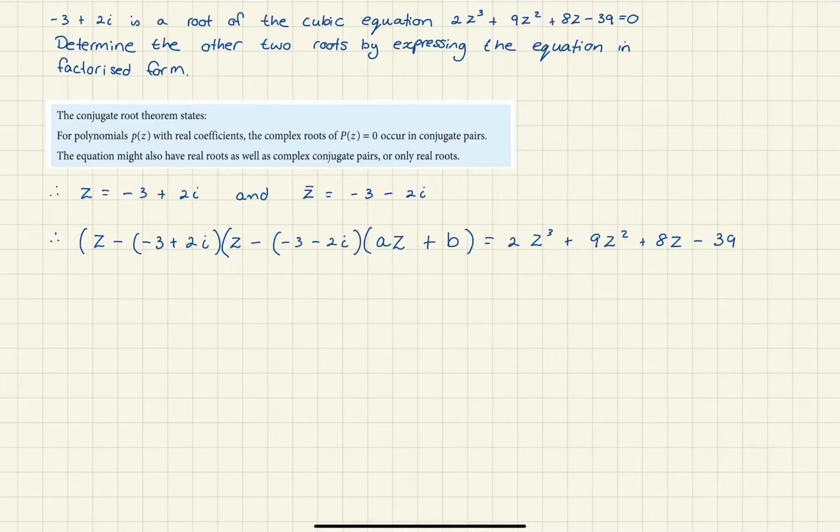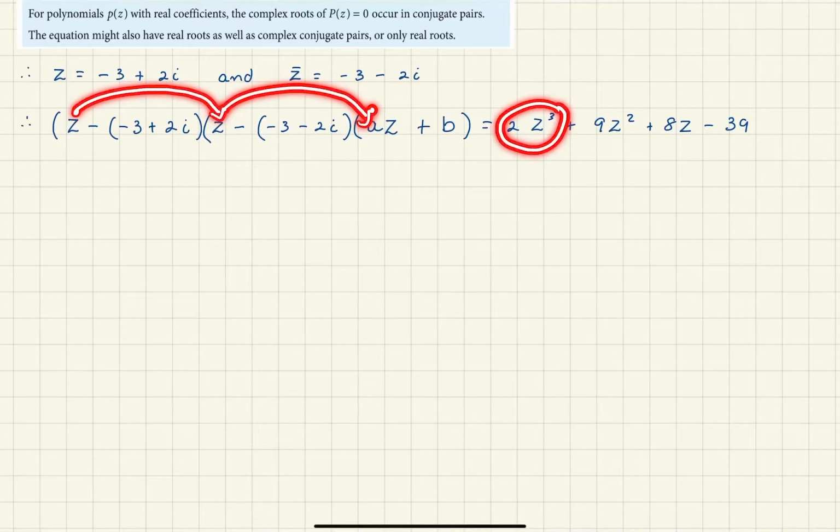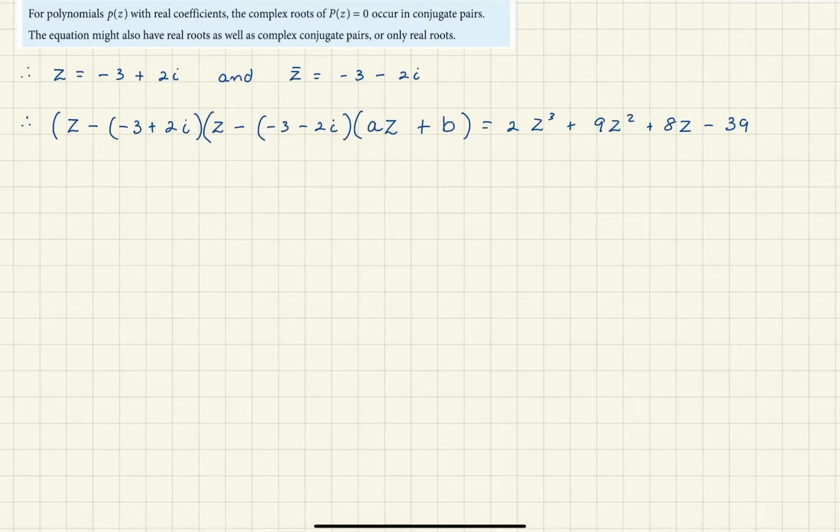Okay, so like I did in the previous example, when we have this kind of layout, we can say the first term here times the first in the second bracket times the first in the third bracket should give me the first term of my polynomial, as long as the polynomial is in descending order, from z cubed to z to the power of 0.